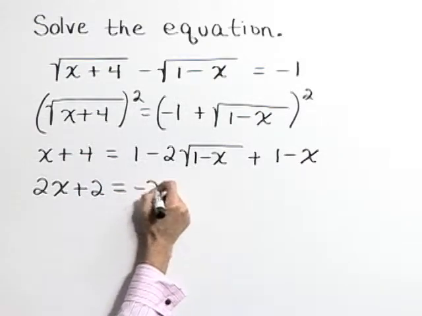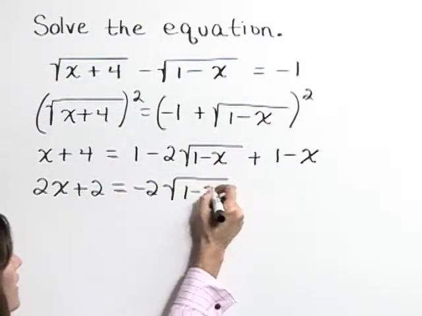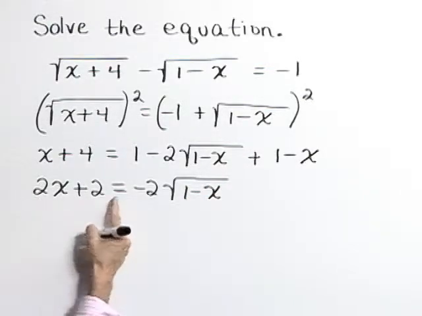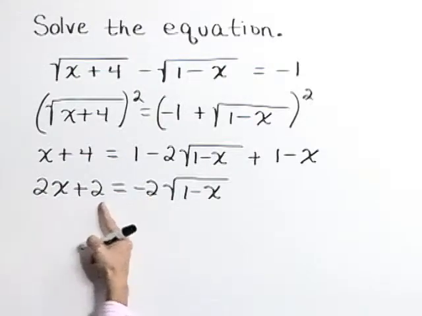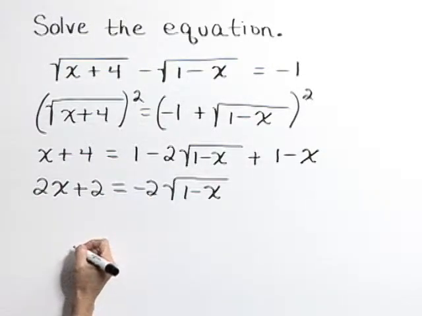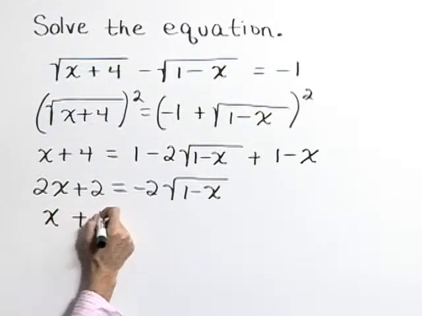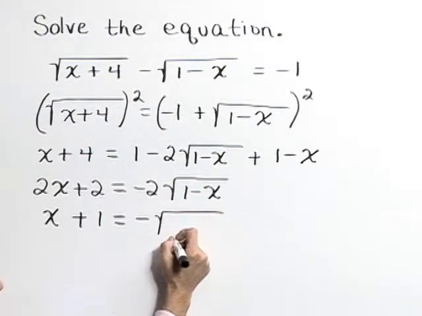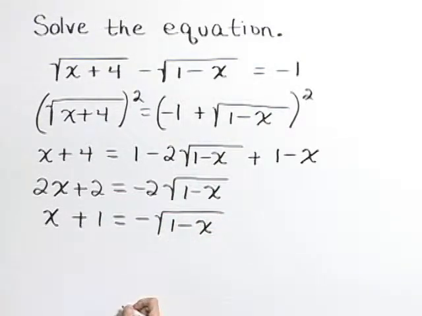That leaves a -2 times the square root of 1 minus x on the right. Now, notice that each of our terms has a factor of 2 in them. Divide both sides by 2. That is, divide each term by 2 to get x plus 1 is equal to a -1 times the square root of 1 minus x.